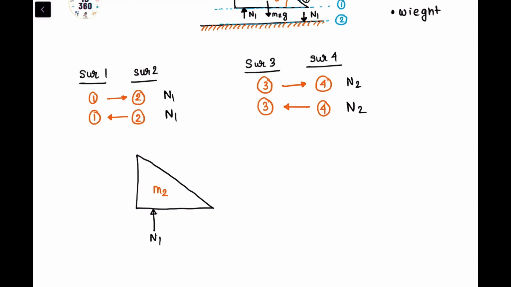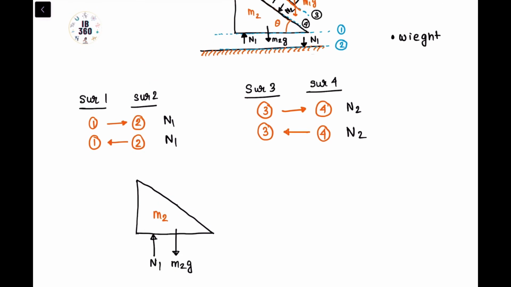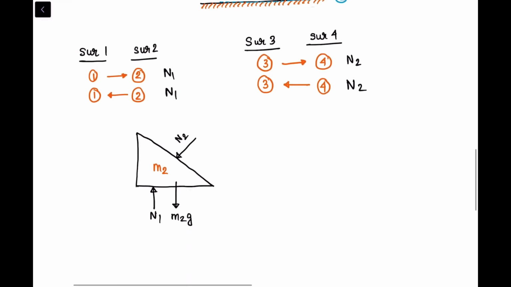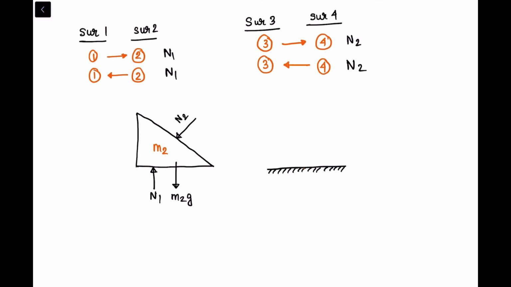Downward direction there is the weight, that is m2g, and in this direction there is N2 produced by surface 4 on surface 3. On the ground, the net force is N1. Over here the net force is N1.